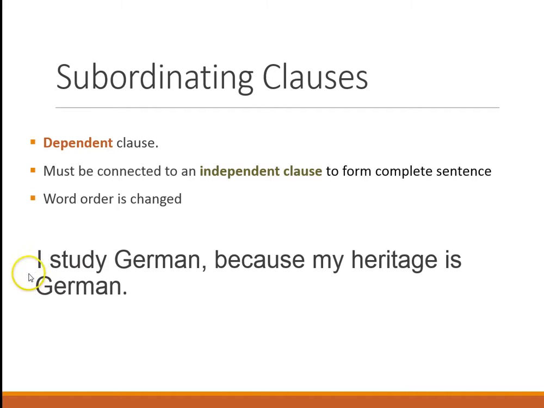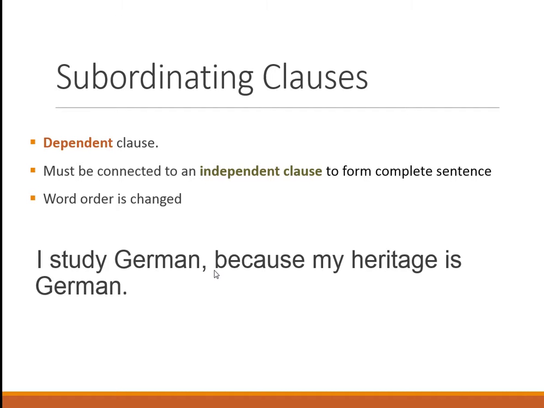All right, so if we look at this, the independent clause is I study German, right? It stands by itself, period. I can't say, because my heritage is German. If I walk around just saying that, it's a fragment, right? It doesn't make complete sense because it's missing part of the sentence.